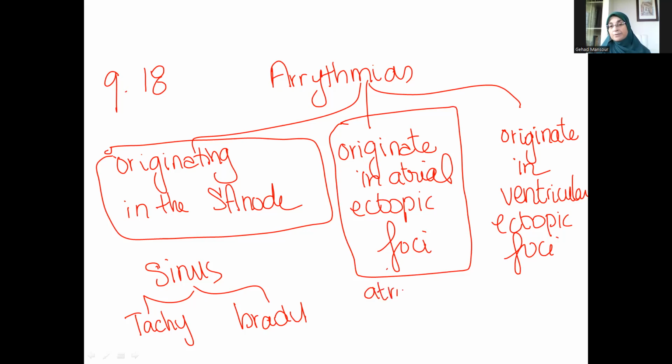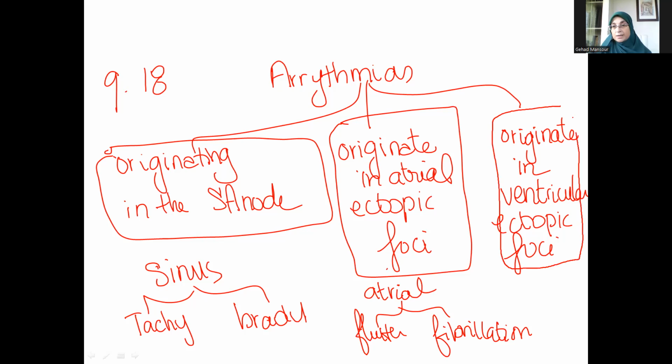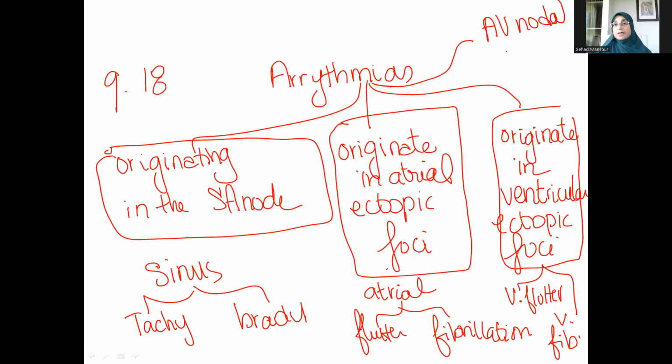So you can have atrial flutter and atrial fibrillation. Then we have a third group that originates in ventricular ectopic foci, so you can also have ventricular flutter and ventricular fibrillation. And here we can add a fourth group, the AV nodal arrhythmias, like the AV nodal rhythm.